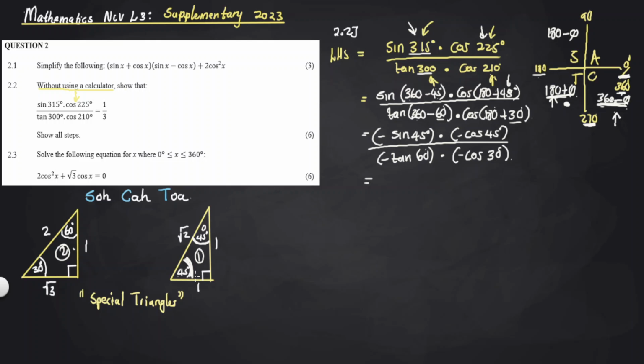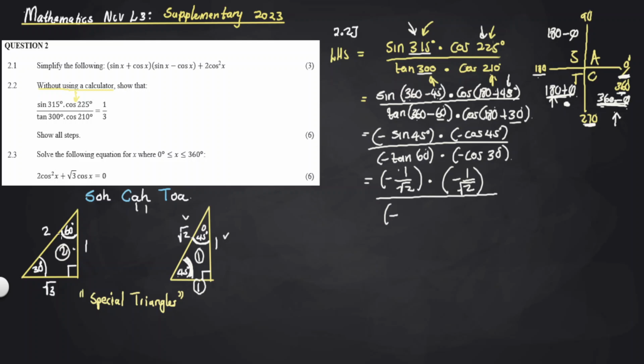Using this angle as my reference angle, sine is opposite over hypotenuse, so it's minus 1 over the square root of 2, multiplied by cos 45, adjacent over hypotenuse, minus 1 over square root 2, divided by negative tan 60 degrees.